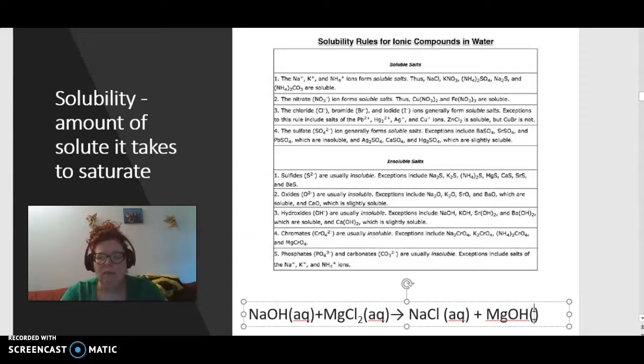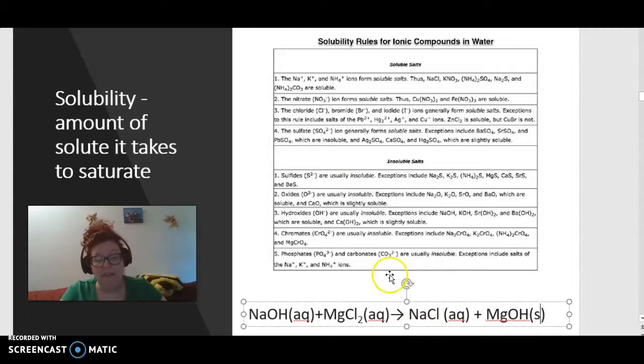Is magnesium on there? No, it's not. So what does that mean? It's not one of the exceptions. So guess what? It's a solid. And guess what that means? It's going to float and form a precipitate, and it's going to settle on the bottom.